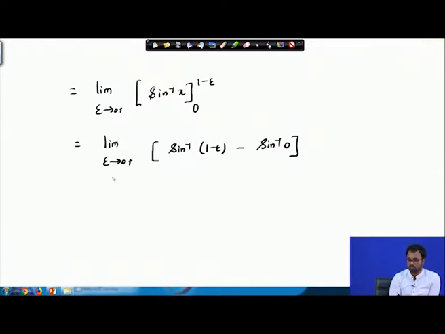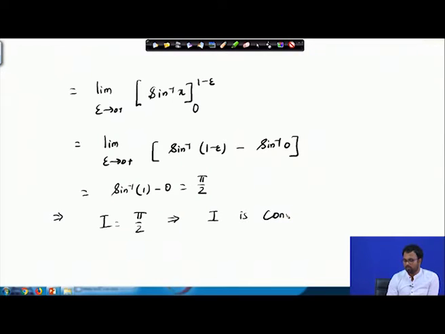When epsilon goes to 0, this will be sine inverse 1 minus sine inverse 0. Sine inverse 0 is 0, and sine inverse 1 is pi by 2. So the value of the integral I is pi by 2, and from here we can say that our integral I is convergent. All right.